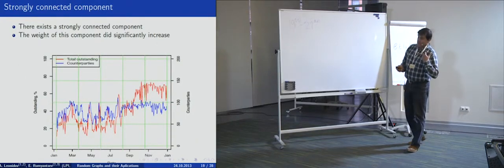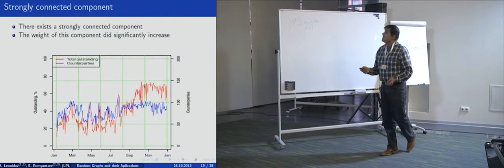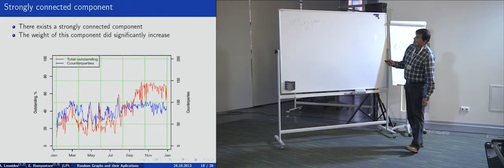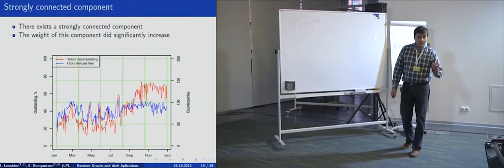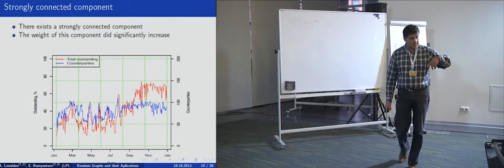Now, I think a very important feature of this is the presence of the strongly connected component, and you see that this component is serious. On average, of 111 nodes in the in-out component, 100 belong to this SCC.